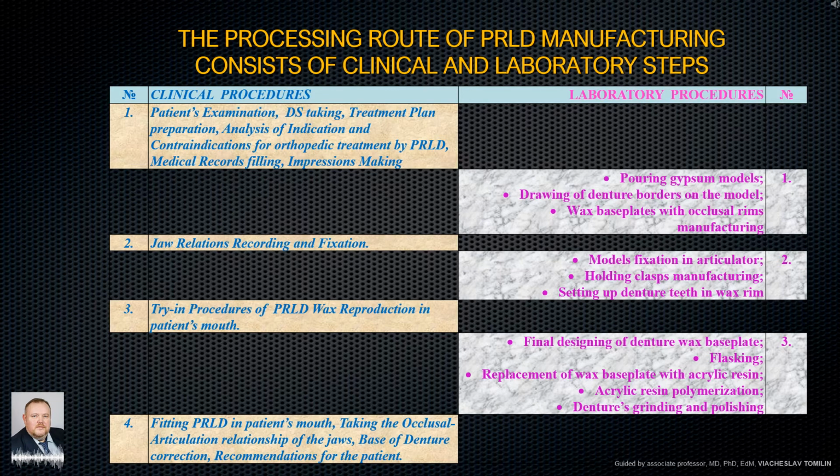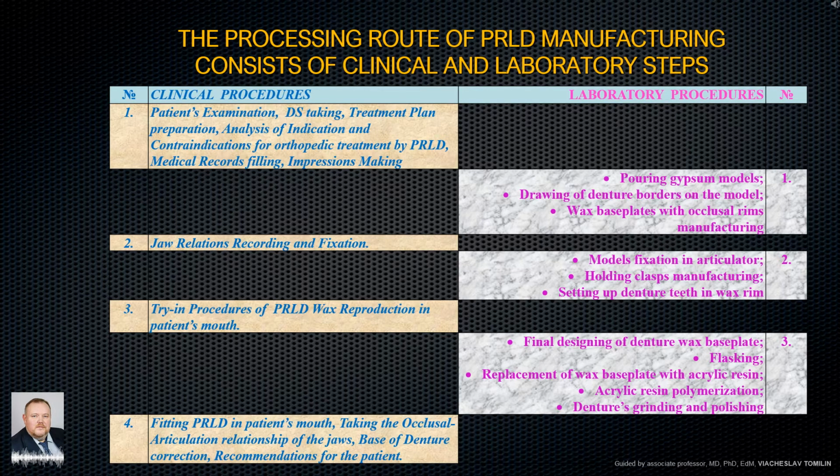Impressions making. 2. Jaw relations recording and fixation. 3. Try-in procedures of partial removable laminar denture wax reproduction in patient's mouth. 4. Fitting partial removable laminar denture in patient's mouth. Checking the occlusal articulation relationship of the jaws. Base of denture correction. Recommendations for the patient.